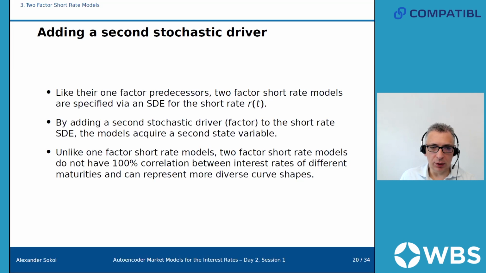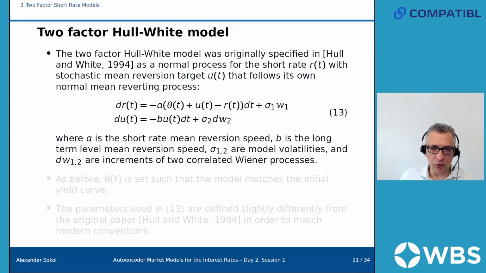All right, so the two-factor Hull-White model, again, is the granddaddy of all two-factor models. Of course, the extension to things other than normal is trivial here. So it was originally postulated, and it's very important to remember this original definition because it makes it clear what the objective is.